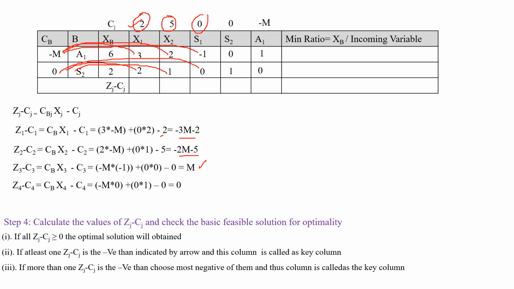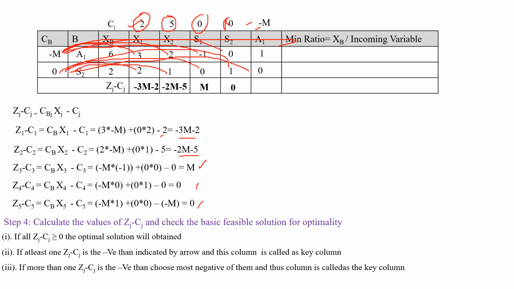CBX4 will become minus M into 0 plus 0 into 1, minus 0. So its value is 0. Next we have to calculate Z5 minus C5 for the fifth variable. That is minus M into 1 plus 0 into 0, minus of minus M. Its value is 0.